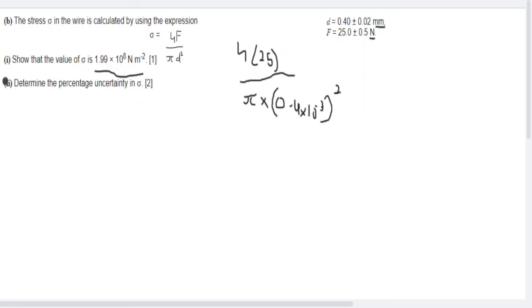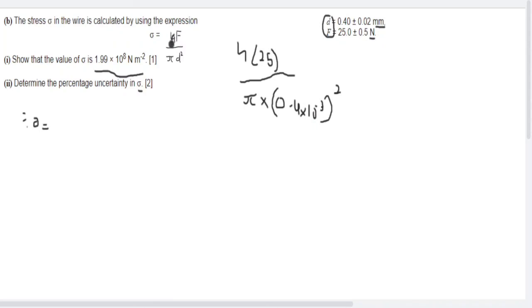Let's do the second part, which says determine the percentage uncertainty in S. The percentage uncertainty in S would be equal to the percentage uncertainty in all the variables I have here. So I have F, I have d, I have pi, and I have 4.